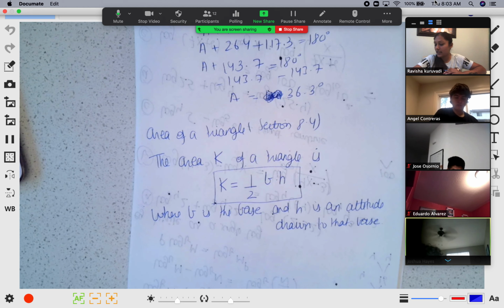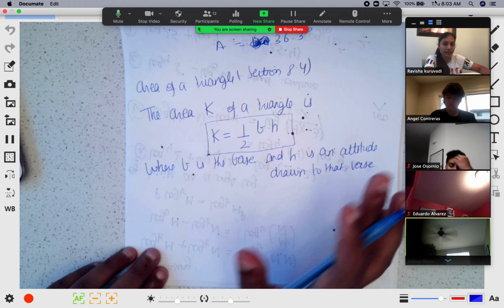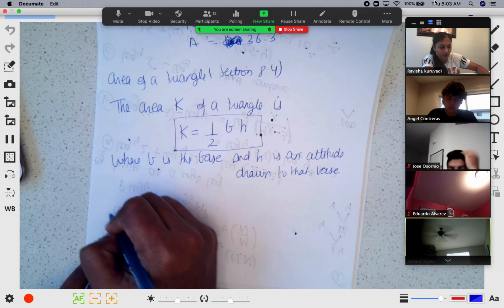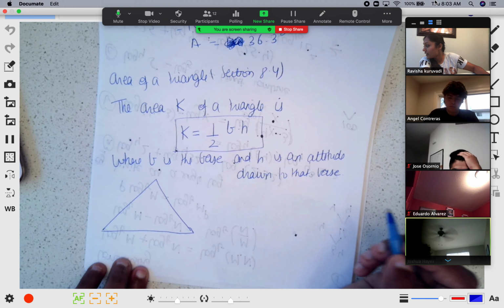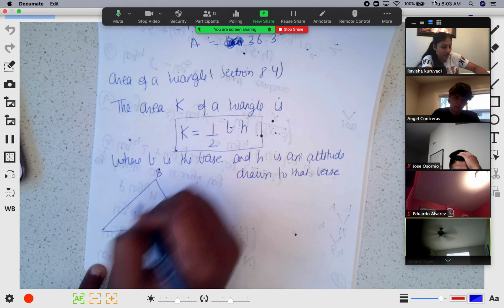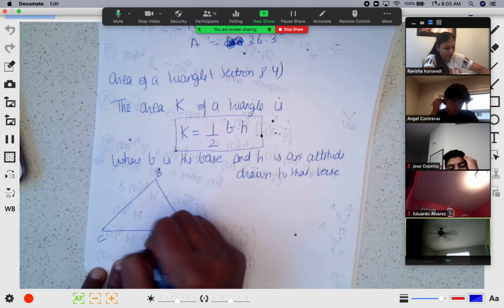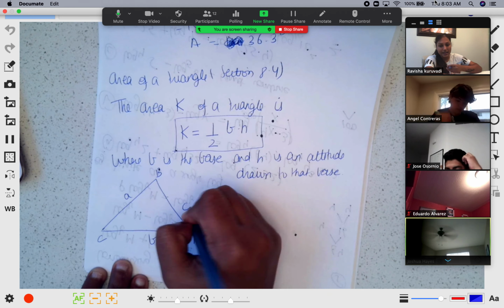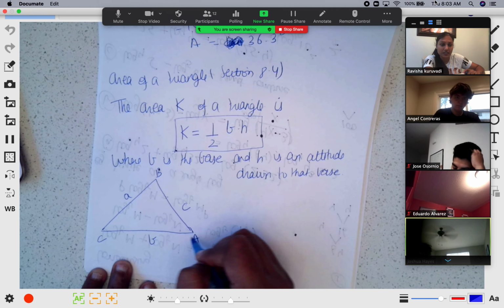But note in this case, suppose you don't have to remember this, but I'm showing you the derivation. If you're given this triangle here, suppose I say you have to find the area of this thing. Suppose this is your A, B, and this is your C. So this becomes your B, this becomes your A, this becomes your C. What I draw is, I have my base B. But I need a height.